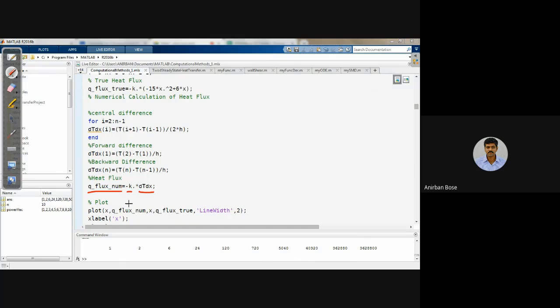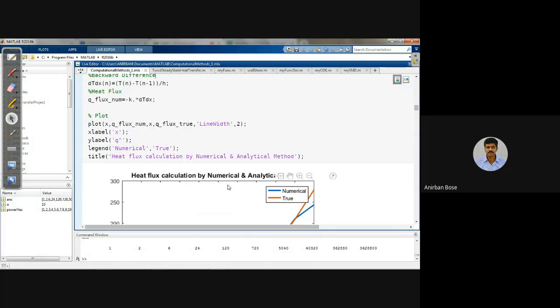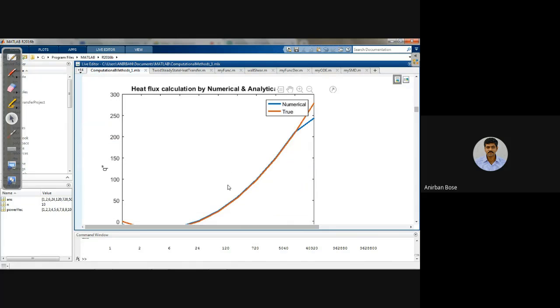Finally, once the numerical heat flux and the true heat flux are generated, plot both curves in the same graph and compare whether we are getting the same curve by numerical calculation and by actual differentiation. If you plot them, you get this kind of a curve.